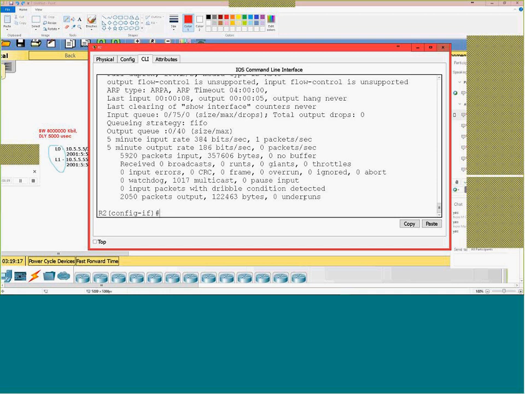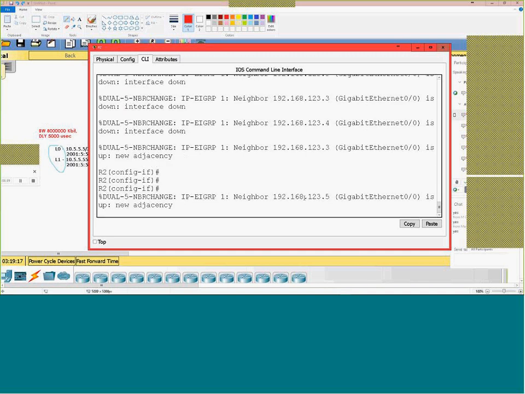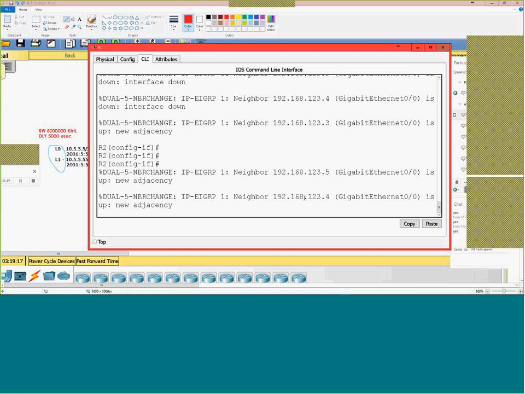So I'm going to put in a delay value of 9. I only decrease the delay by a slight margin, not by a lot, not by 91. I decreased it by 10 because it's in tens of microseconds.